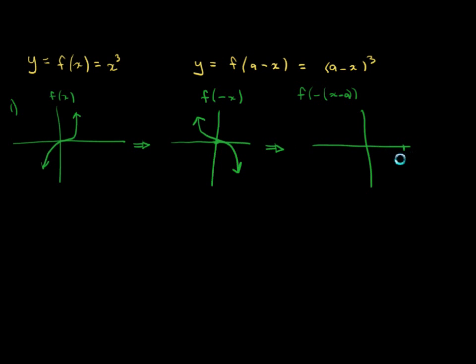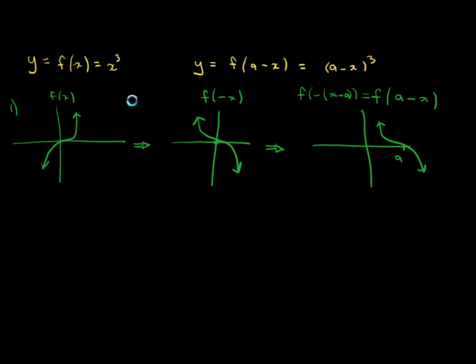It gets shifted to a root through the point a units to the right. And there's our new graph. If I look back at my function here, I could rewrite this as f of, and if I expand these brackets, I've got minus minus a, so plus a minus x, which is the function we were looking for.